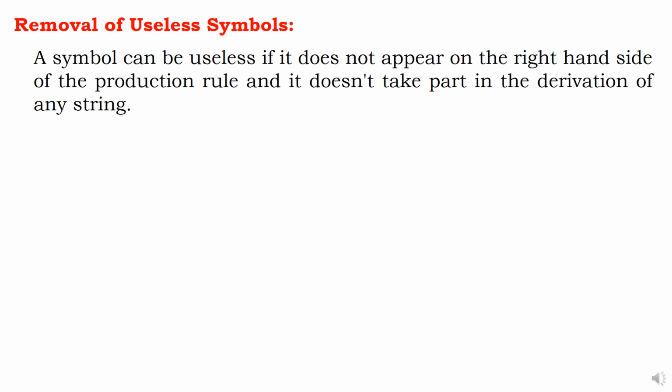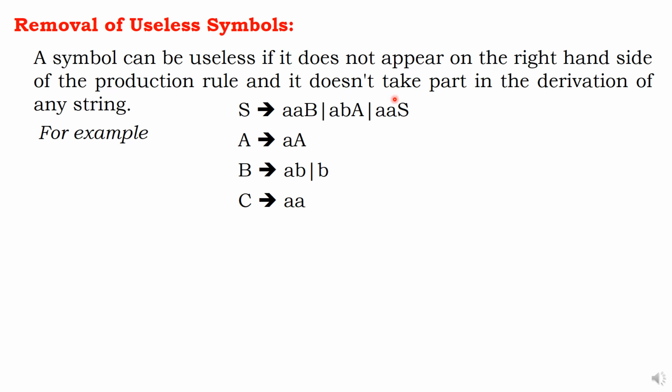Removal of useless symbols. A symbol can be useless if it does not appear in the right hand side of the production rule. What does that mean? This is the left hand side, this is the right hand side. Now, who are the capital letters?